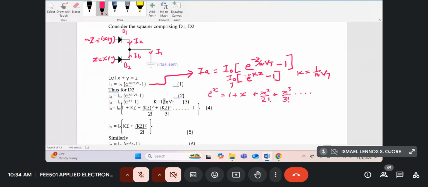And I get I naught into 1 plus minus kz plus minus kz squared over 2 factorial, etc., etc., minus 1. And then you get I_A is I naught. The ones will cancel. I've missed one term, sorry.